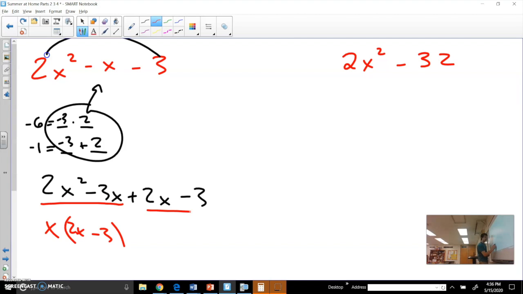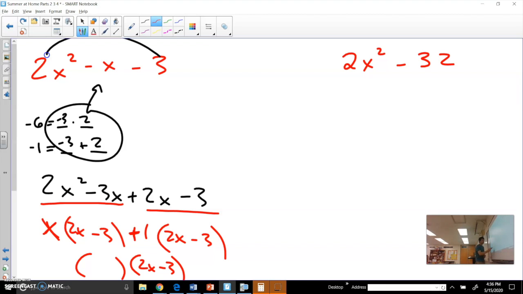And if I look at this second grouping, they really only have a 1 in common for a factor. So now I notice that 2x minus 3 repeated itself. And then the x plus 1 that I took out can be my other binomial. And this creates my factored pairs.